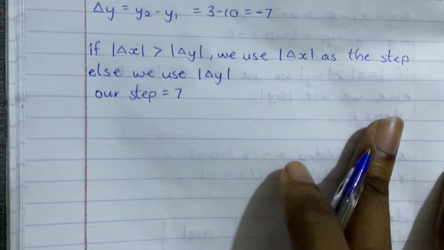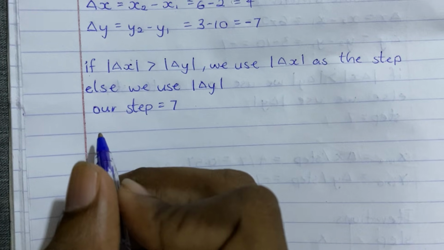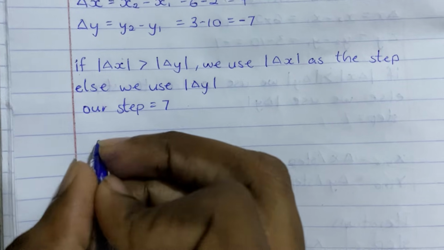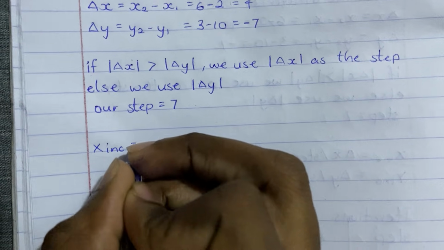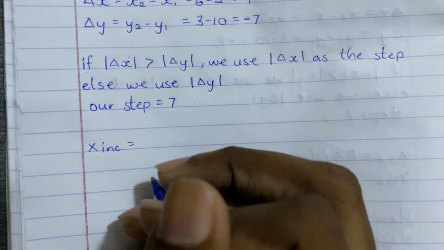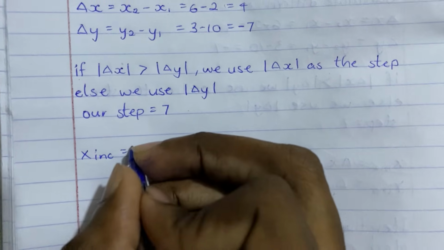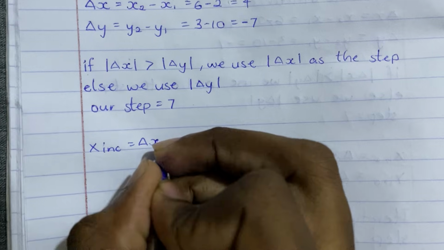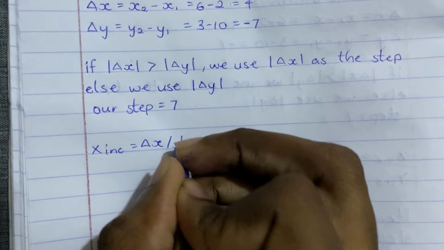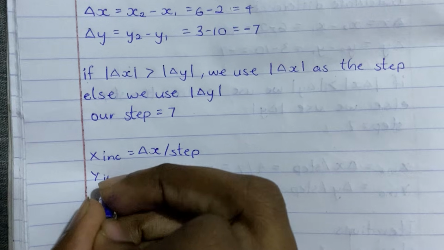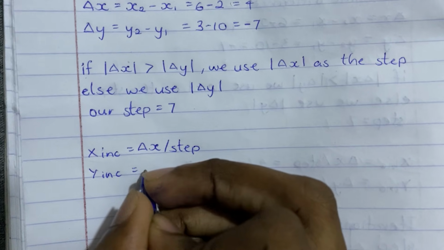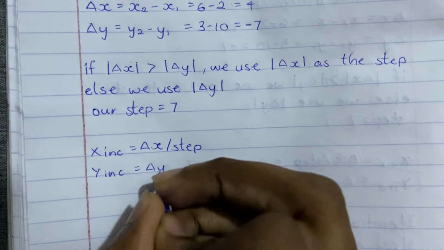Now we are going to calculate the increments. For the x increment, the formula is given by dx over the step, and the y increment is given by dy over the step.